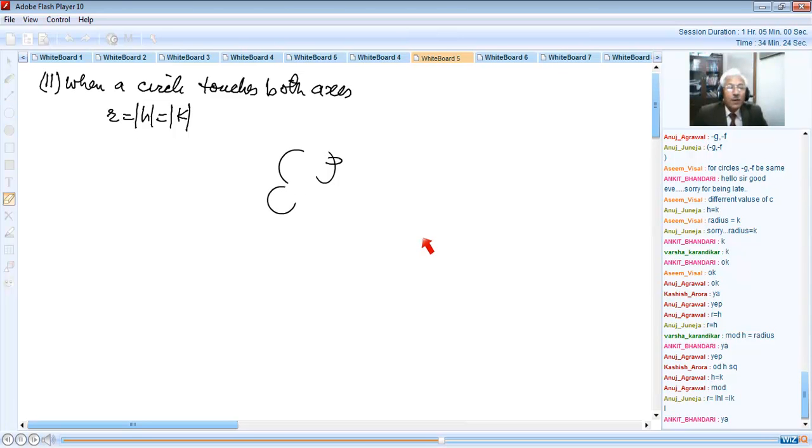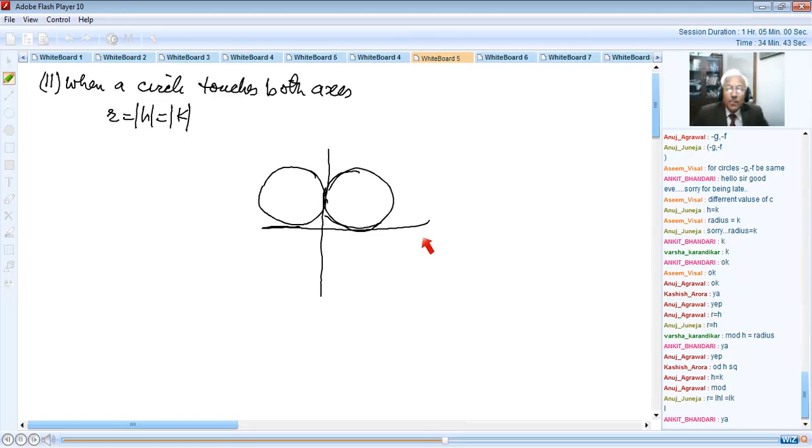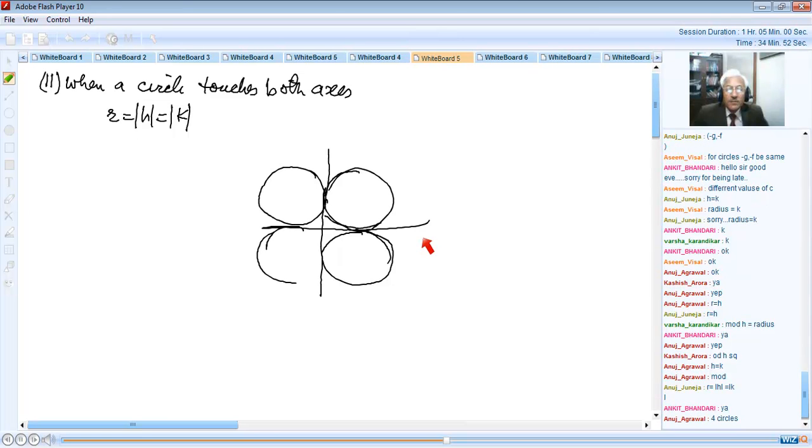Say one circle is this, the other circle is this. This circle touches both the x-axis and y-axis. It's like this and it's like this.